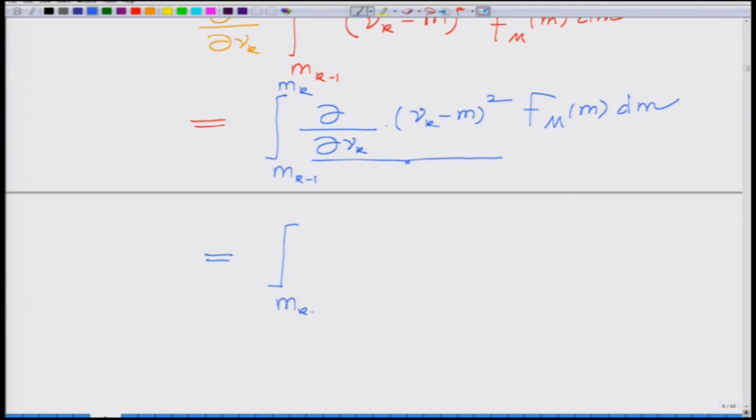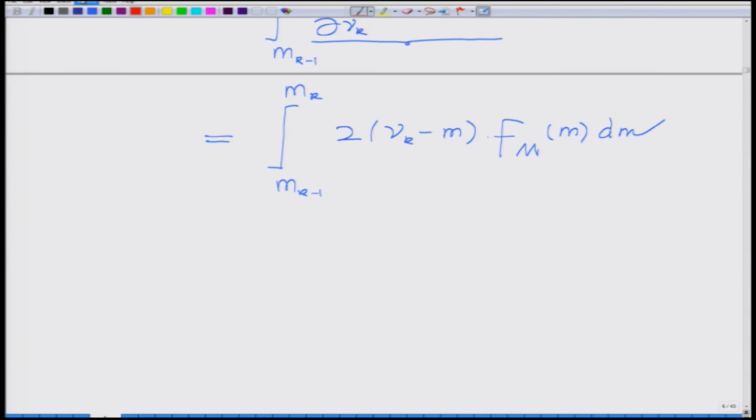The derivative of (nu k minus m) whole square is twice (nu k minus m), so we have the integral of 2 (nu k minus m) f of m dm.